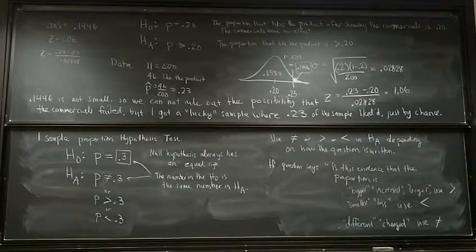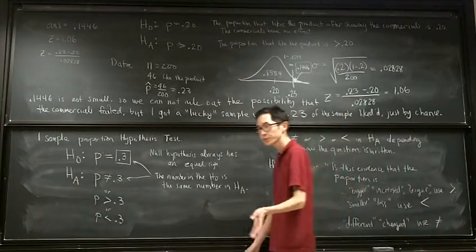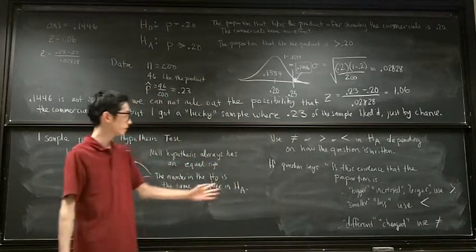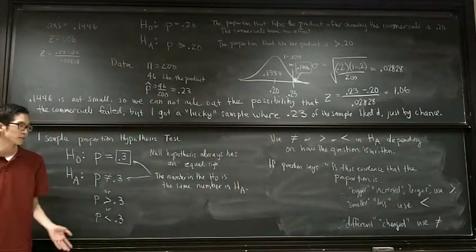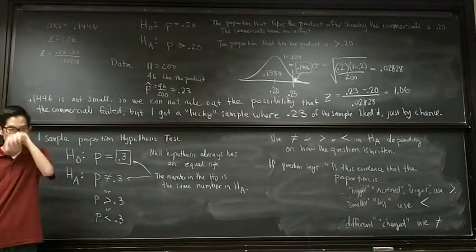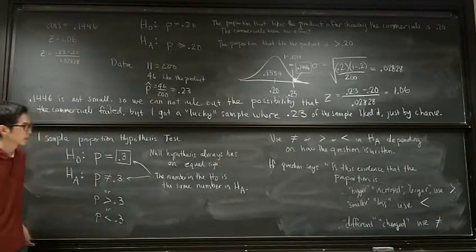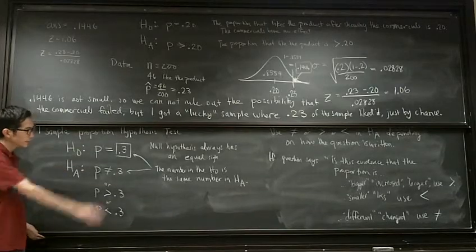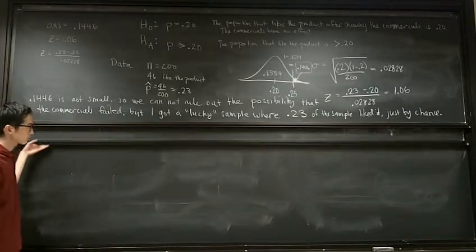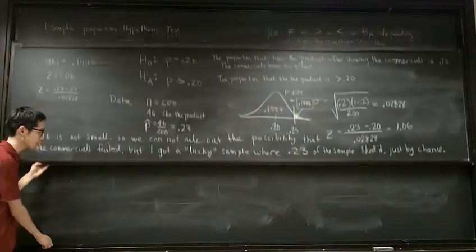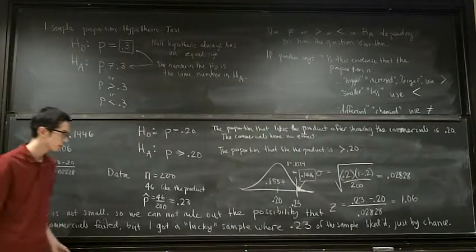So depending on how the question is written, you might use a different symbol: greater than, less than, or not equal to. So you've got to figure out your null and alternative hypothesis.